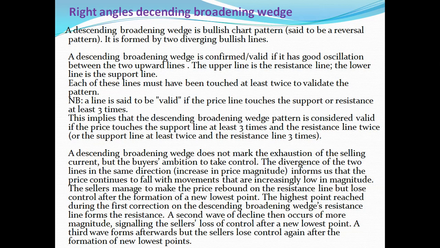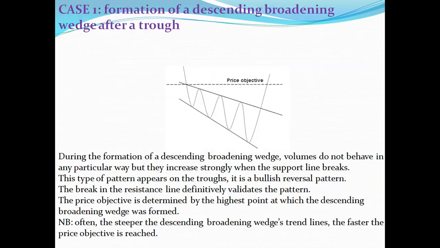The highest point reached during the first correction is on the descending broadening wedge's resistance line. From the resistance a second wave of decline then occurs, with more magnitude, signaling the seller's loss of control. After a new lowest point, a third wave forms afterward, but the seller loses control again after the formation of new lowest points.